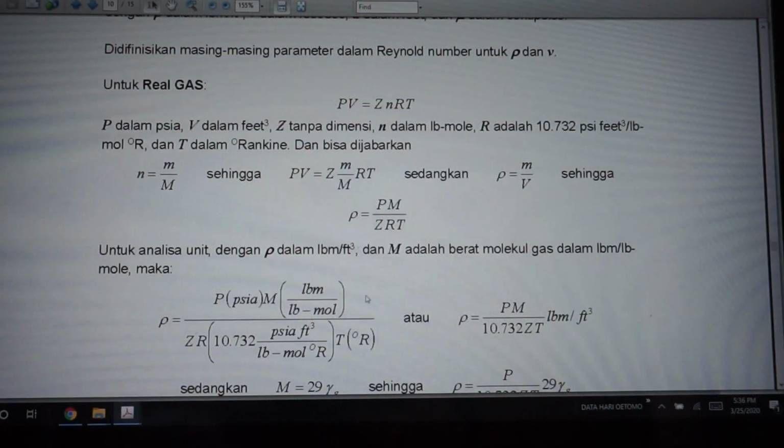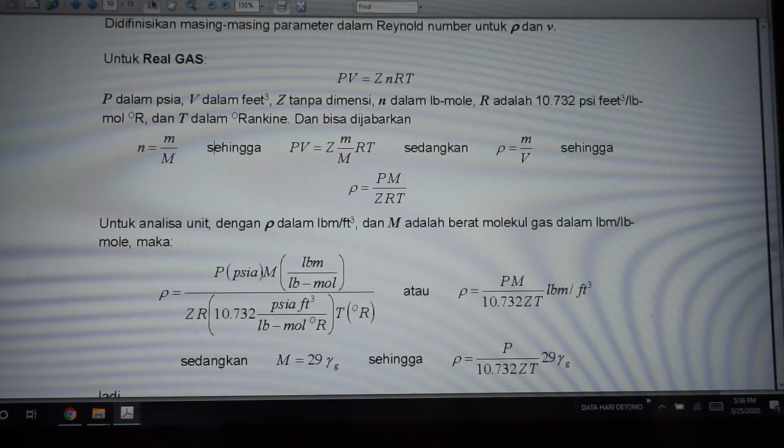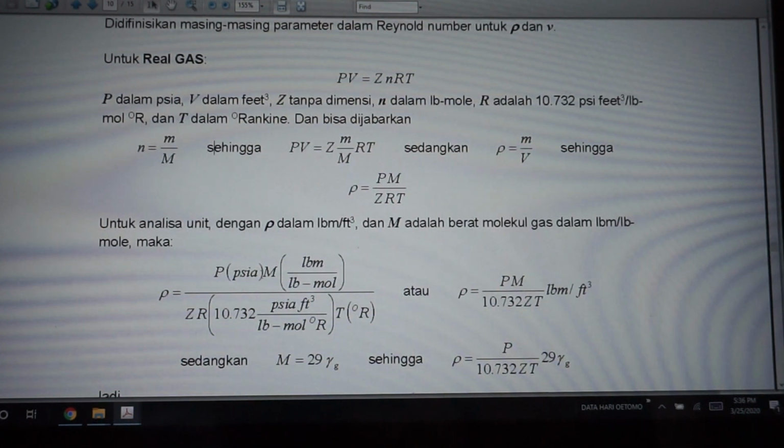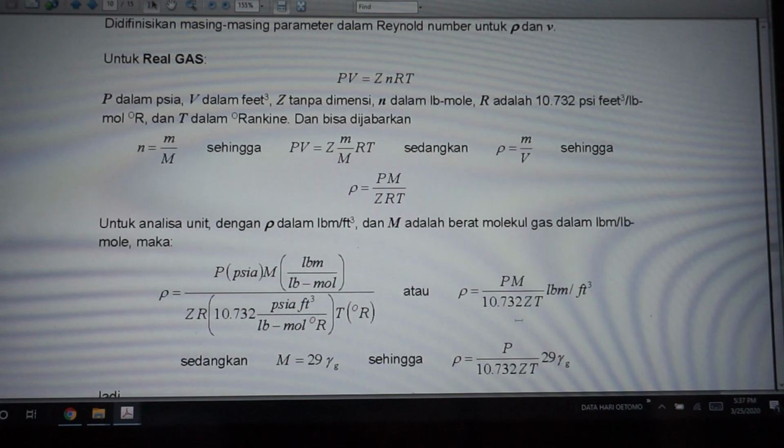So we'll see the units of this one: P is in psia, M is in pound mass per pound mole, Z is dimensionless, R is psi feet cubed per pound mole degree Rankine, and temperature is in degree Rankine. Remember, temperature is in degree Rankine, okay?